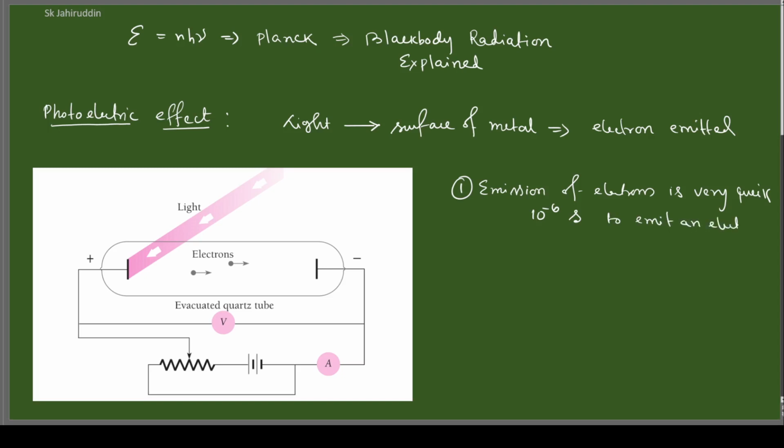What is the big deal with it? I'll discuss, of course. The classical theory of light, the wave theory of light, cannot explain this.